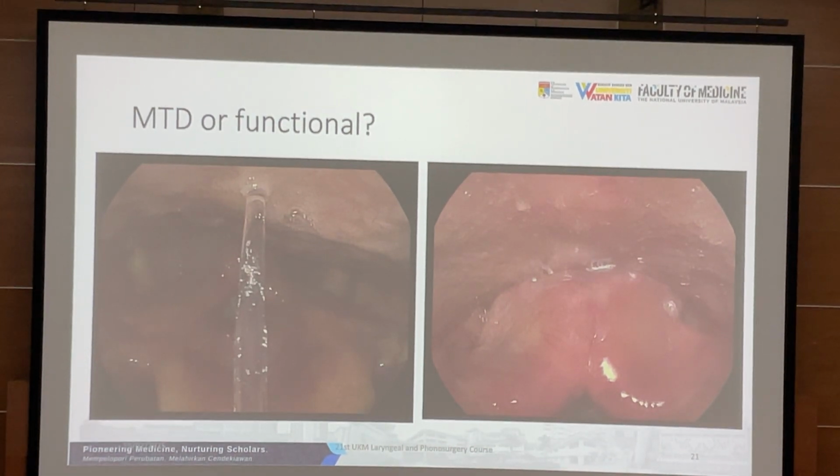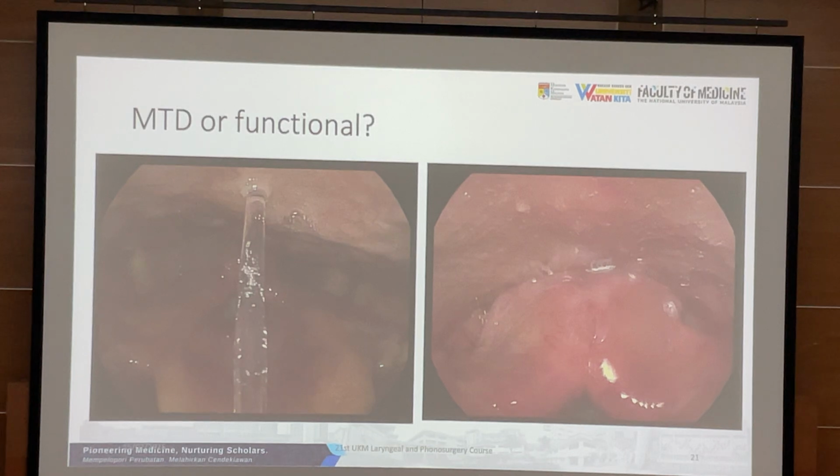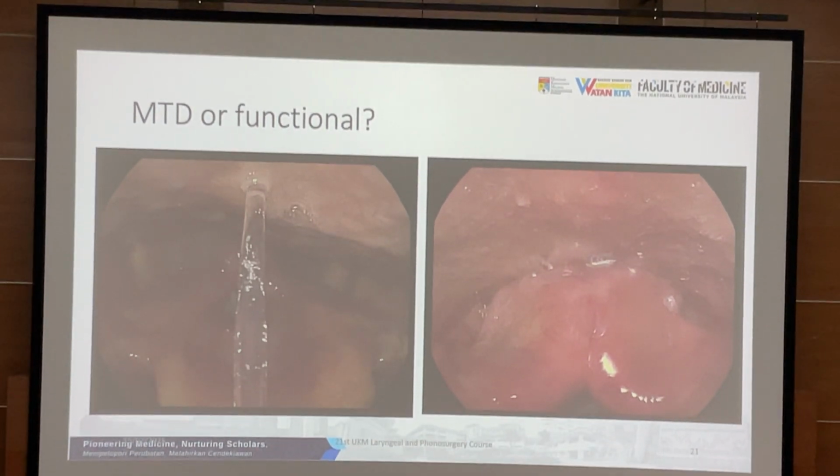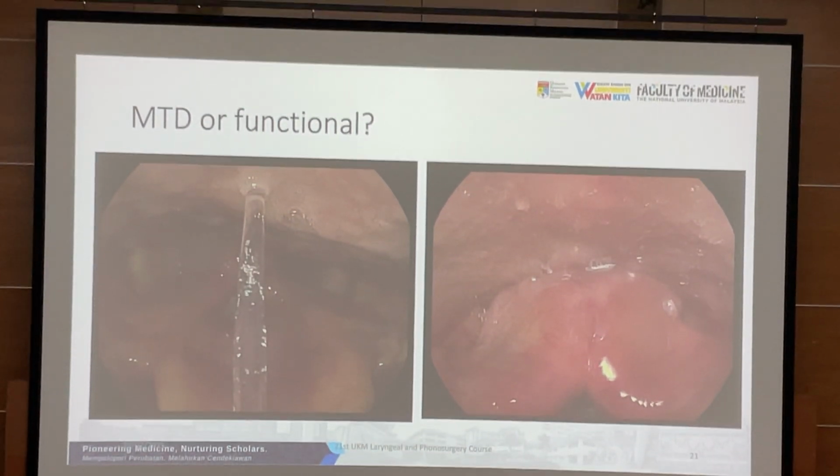Okay, so which one is MTD and which one is functional? This is right. This is left. The right one is MTD. The left one is functional. Okay, someone who's talking like this, and you do examination, there's no mucosal wave being generated.